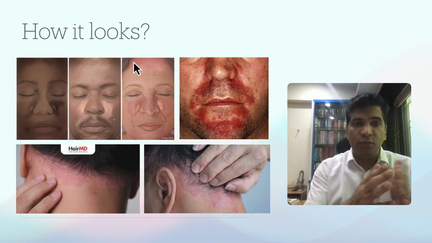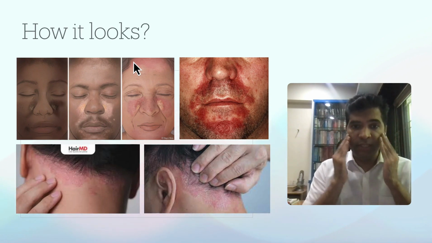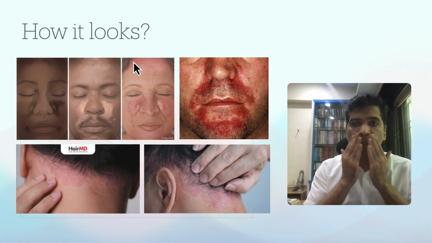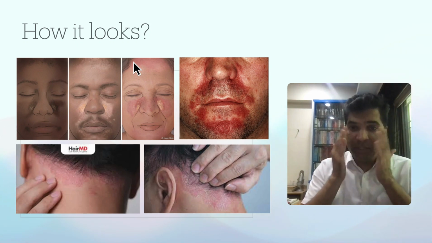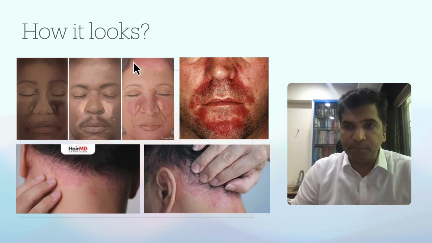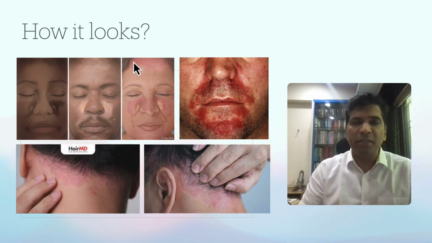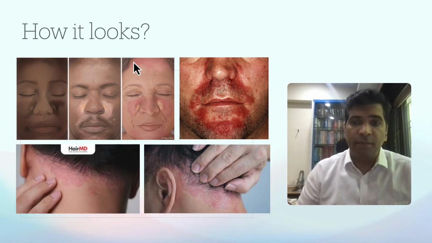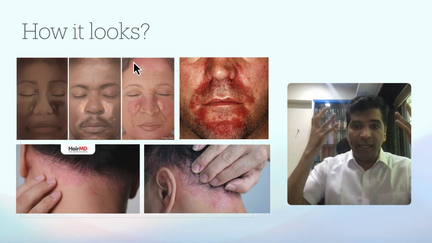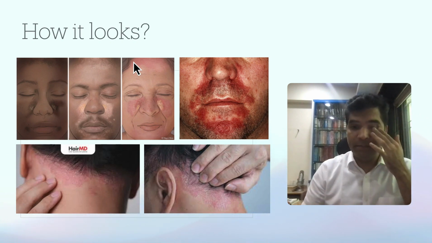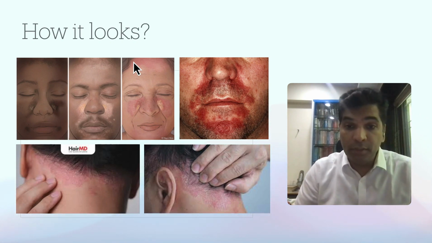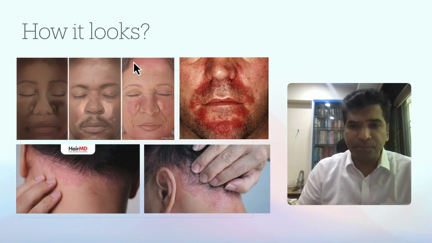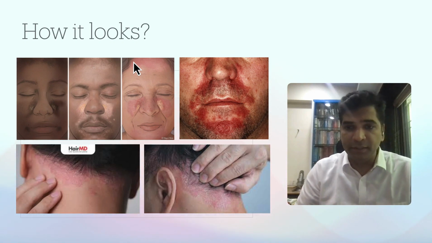So it can be next to the nose, around the cheeks, around the face or mouth, or all these areas can be involved. 60 to 70% of the cases with seborrheic dermatitis have it around the scalp area, the hair area where you get these scales. It can be very confusing between frank psoriasis and seborrheic dermatitis.